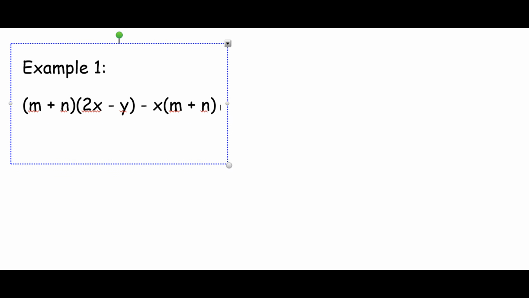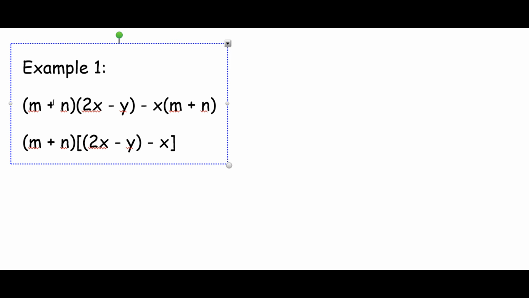Look at what I mean. I'll now say (m plus n), I'll use this bracket, and I'll now say (2x minus y) close this bracket, minus x. Now what have I done? I pick this.